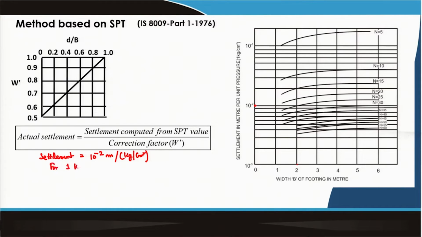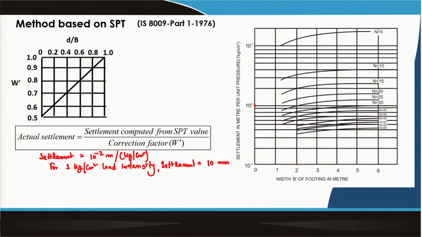So, for 1 kg per centimeter square load intensity, the settlement is how much? It is 10 millimeter.